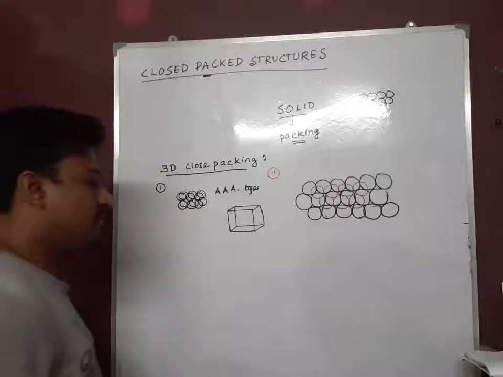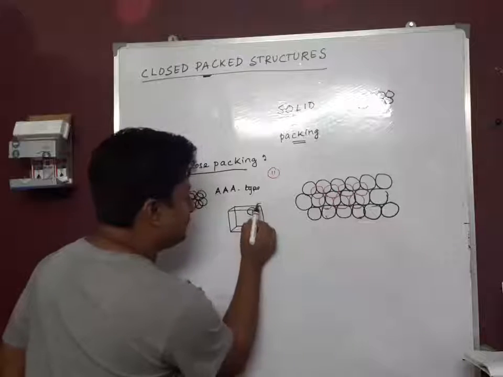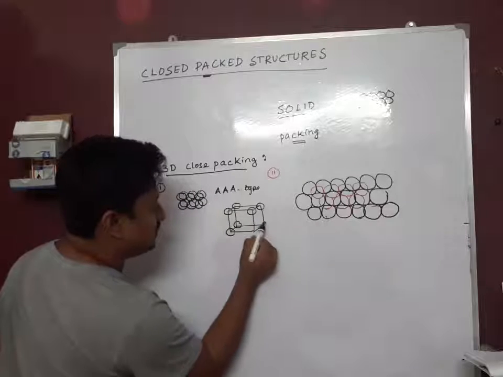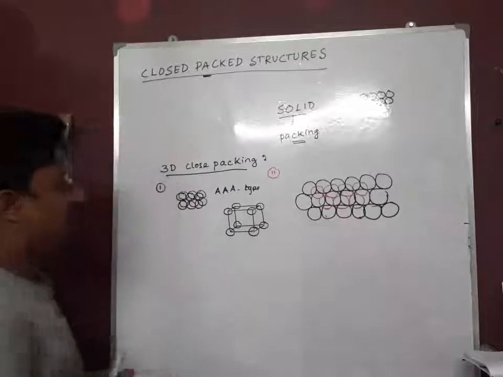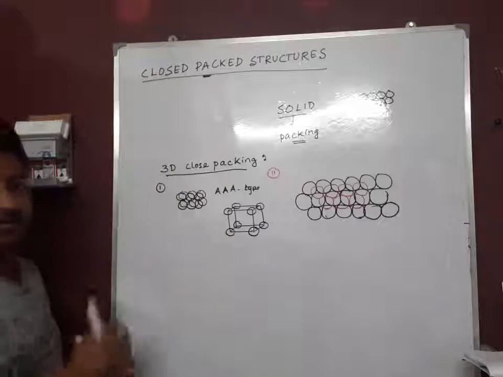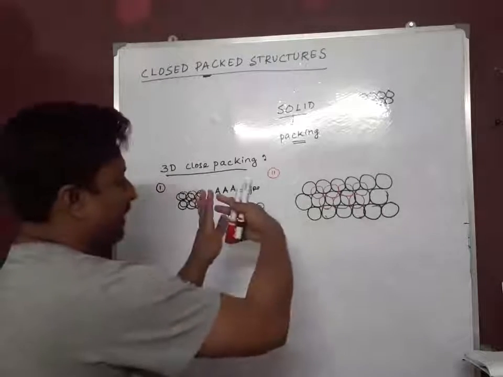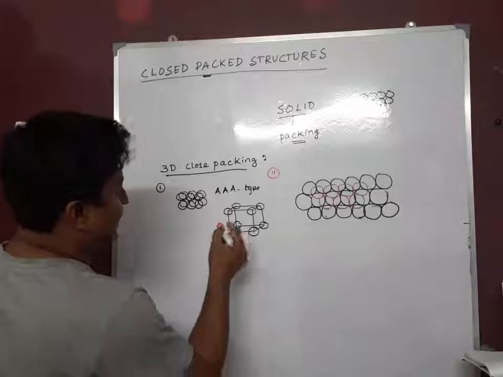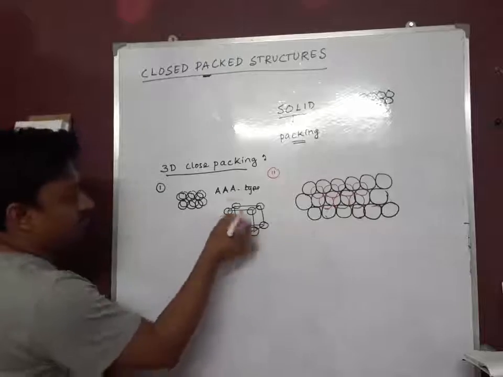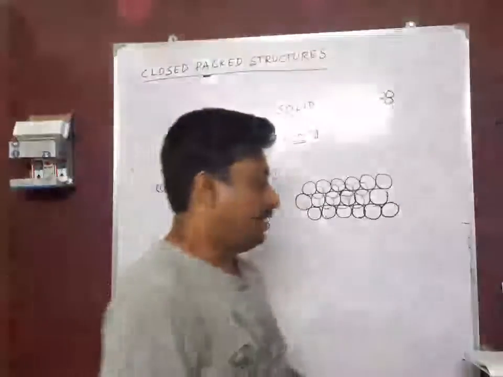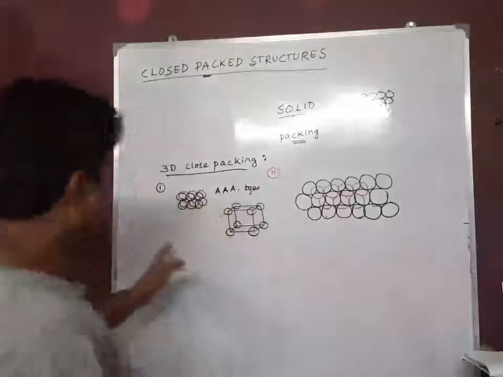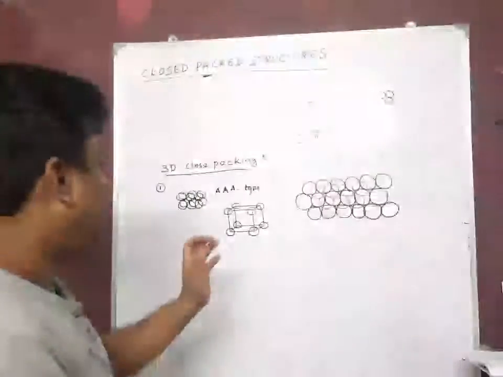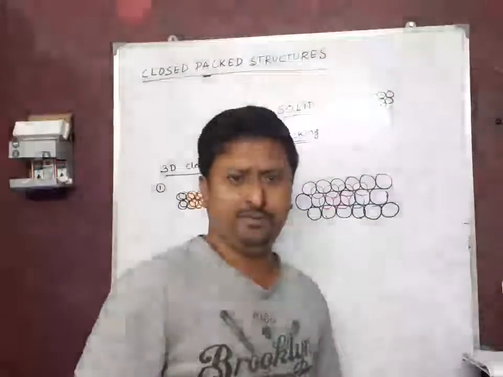In this case, all the atoms are in this type. So if you take the close pack, what will be observed? You are basically replicating the cube in all the directions, right? Now this replication leads to this AAA type of close-packed structure, and it is generally observed in normal cases.